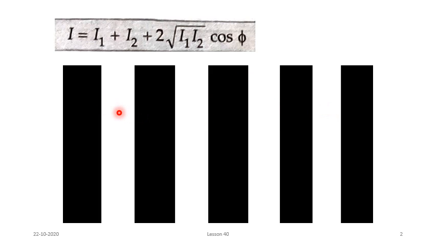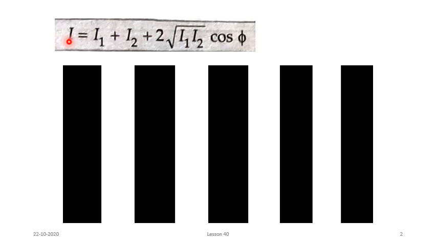Now, the other thing is, how can we show it mathematically? As we have derived, the intensity I equals I1 plus I2 plus 2 root over I1 I2 cos phi, where I1 is the intensity of the light coming from the first slit, I2 is the intensity of the light coming from the second slit, and this term represents the interference term.